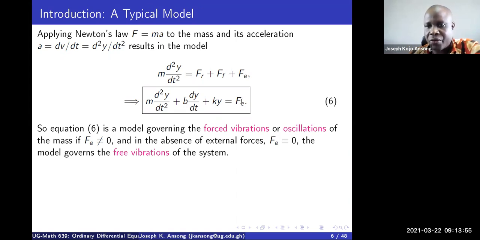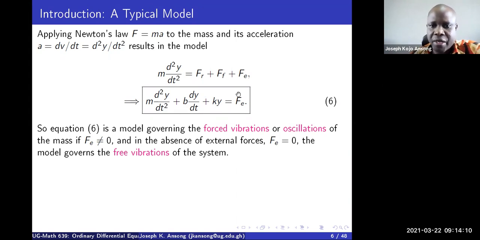If this is 0, we have the free vibrations or free oscillations. But if we have an external force, then the system is said to be governed by forced vibrations or forced oscillations. That is when Fe is not equal to 0.